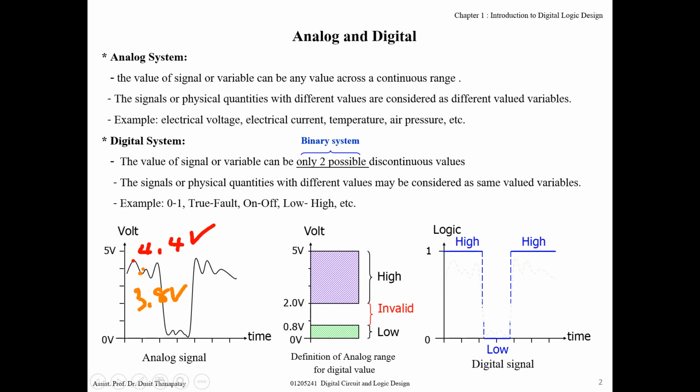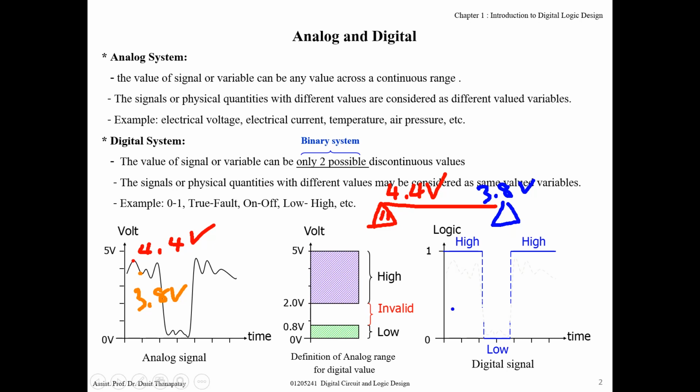That means if you send a signal of 4.4 volts from the transmitter and the receiver gets 3.8 volts, it's different, right? Some error occurs.